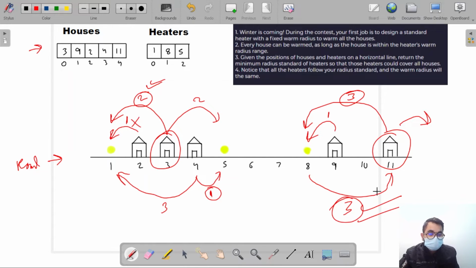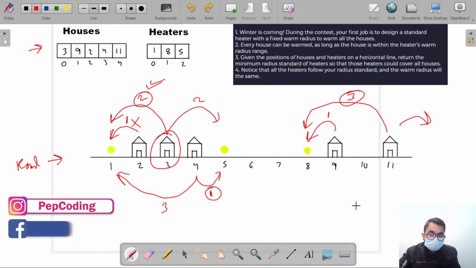If the heater's range is at least 3, then only the 11th house can be warmed. So the minimum radius for all heaters should be 3, so that all the houses can be covered when the heaters are present at positions 1, 5, 8, and the houses are at 3, 9, 2, 4, and 11. Okay, so that's how we are finding the minimum radius.